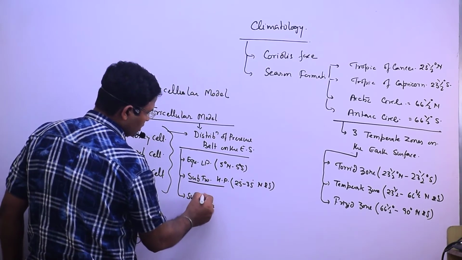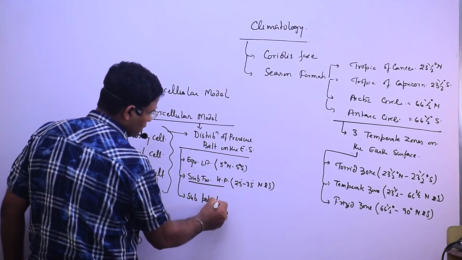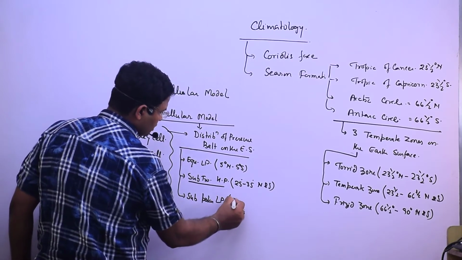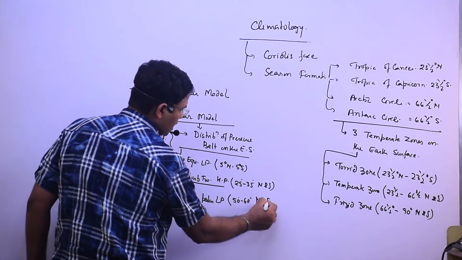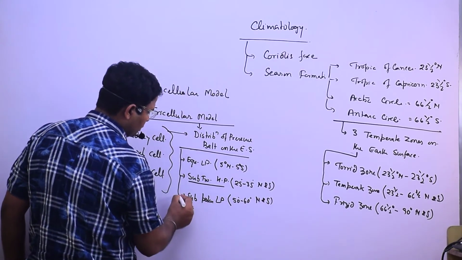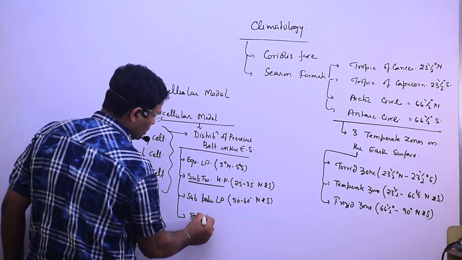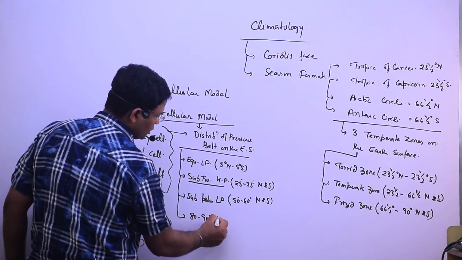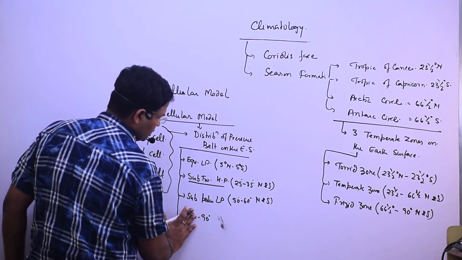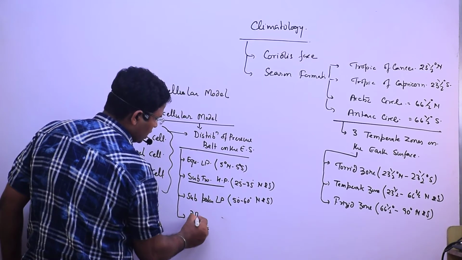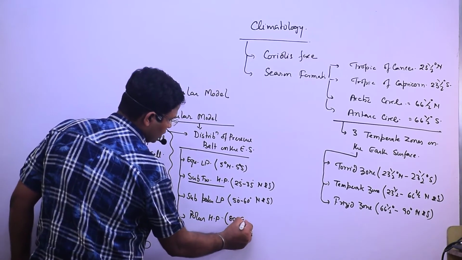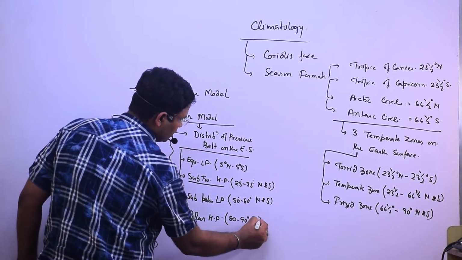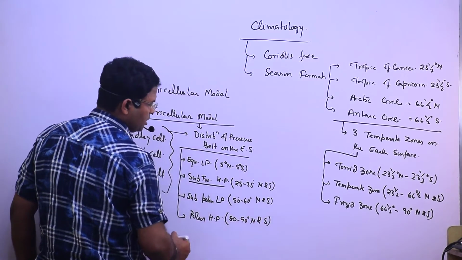Then we'll understand the subpolar low pressure belt, 50 to 60 degrees north as well as in the south, and the polar high pressure belt, which is 80 to 90 degrees in the northern hemisphere as well as in the south.